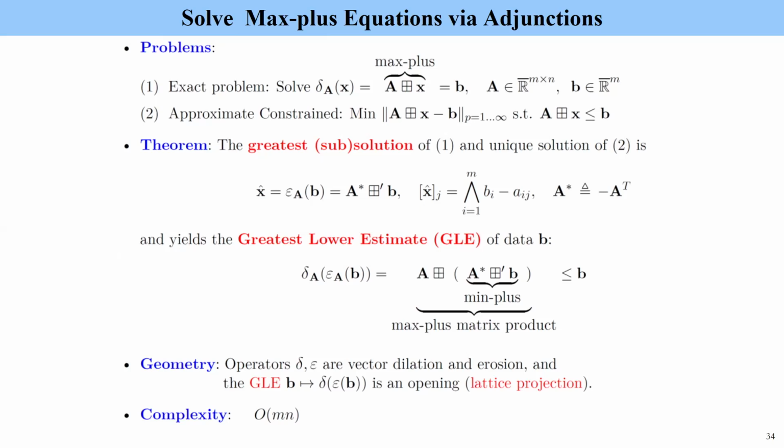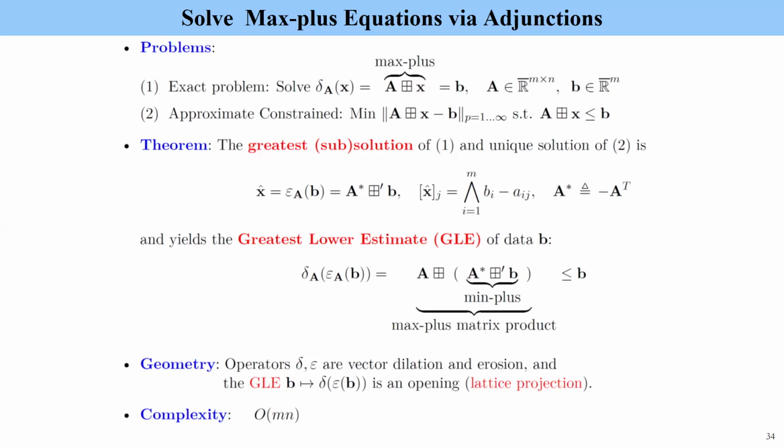The geometric intuition is interesting: this min-plus product of A star with B is a vector erosion, and then the max-plus product of this with A is a vector dilation. So the result is an opening, a projection, and it gives us the greatest solution that does not exceed our data B.